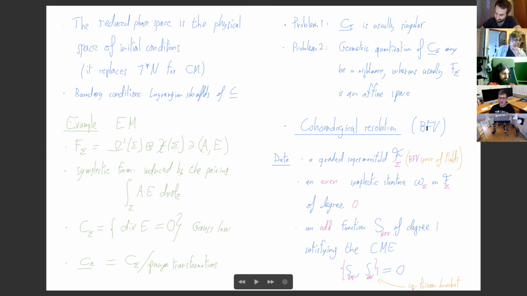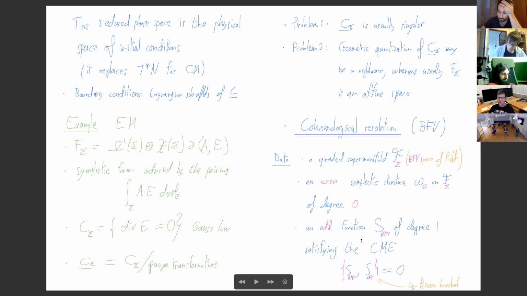So the data for a BFV manifold are the following. You start with a graded supermanifold, which I will call F sub sigma, because our main example will be something associated with the boundary sigma. Now, instead of having an odd symplectic structure of degree -1, we have an even symplectic structure of degree 0, which I will denote by omega sigma. And instead of having an even function of degree 0, we now have an odd function of degree +1.